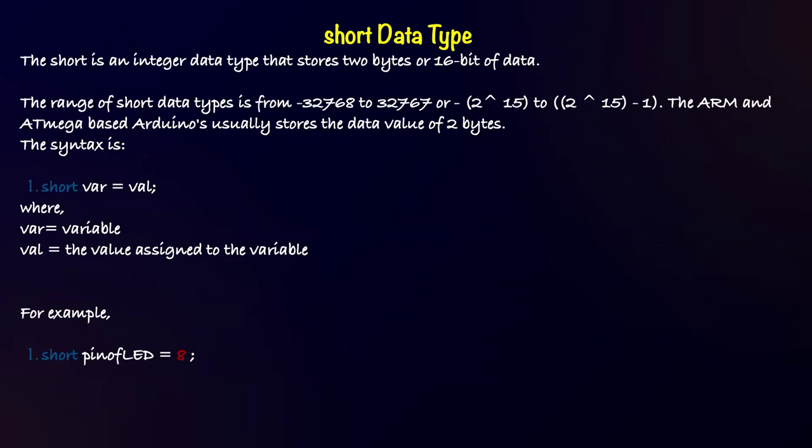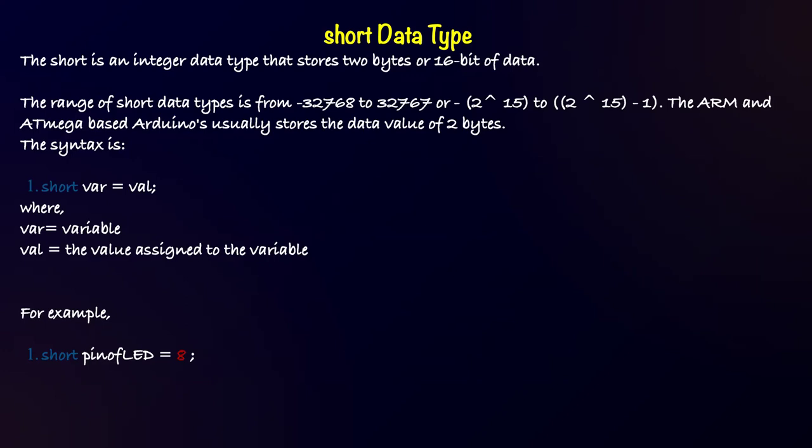The short data type. The short is an integer data type that stores 2 bytes or 16 bits of data. The range of the short data type is from minus 32768 to plus 32767, or minus 2 to the power 15 to 2 to the power 15 minus 1. That you need to remember.